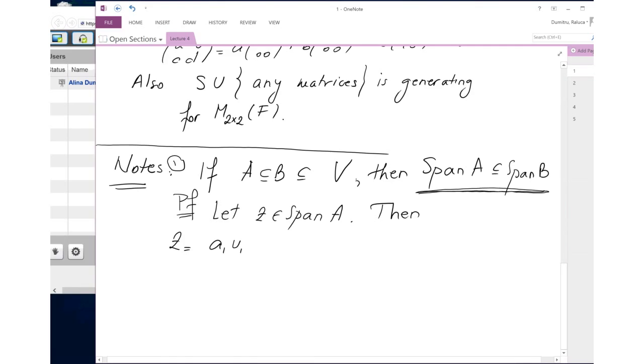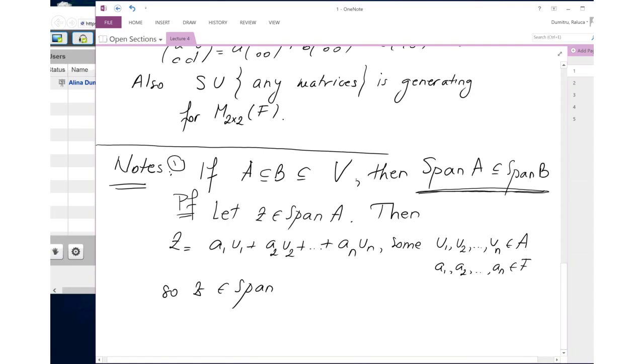Well, it's going to be a linear combination of some vectors of A, with some coefficients in the field. So why is Z then in the span of B as well?